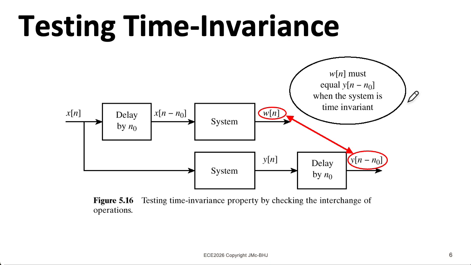If the system you're testing is time invariant, you should be able to swap the order. Generally, if you see an n outside of the brackets on the right-hand side here, that's not time invariant. So if I were to put an n in front of the x[n], that would not be a time invariant system. That's a time varying system.